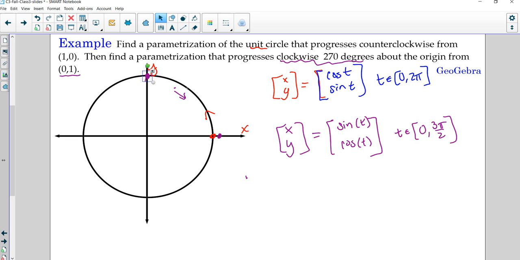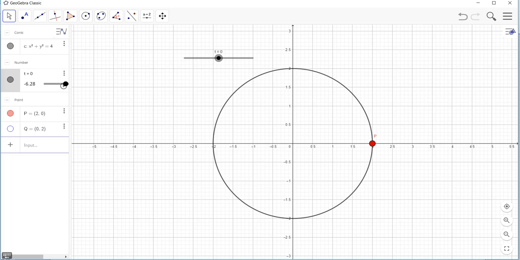Just so happens that GeoGebra can do this as well. So if we're in GeoGebra, just to show you that the first parameterization holds, I made a little bit bigger of a circle. I did a circle of radius 2 instead of a circle of radius 1.